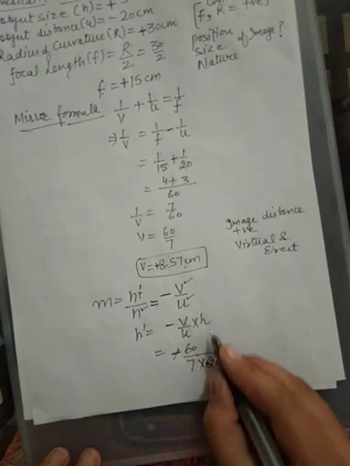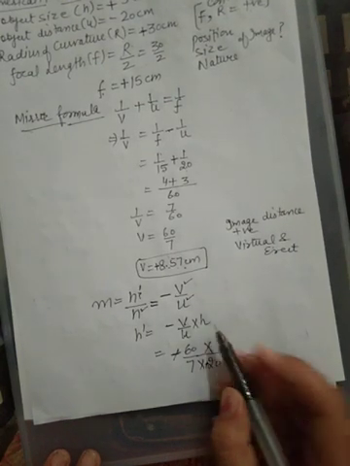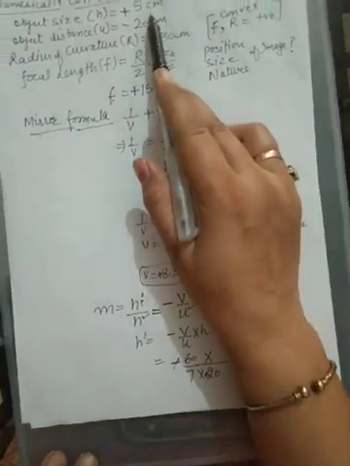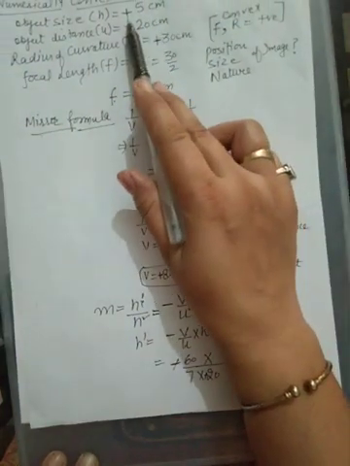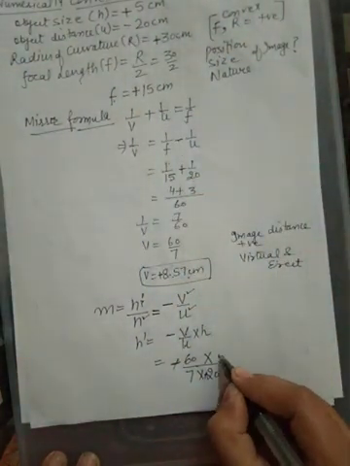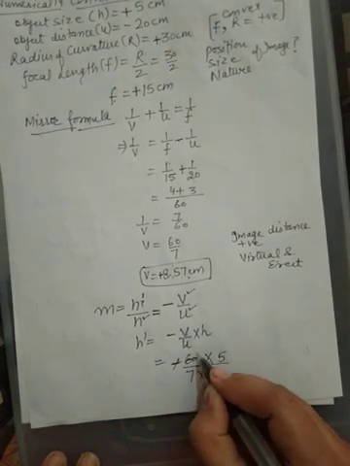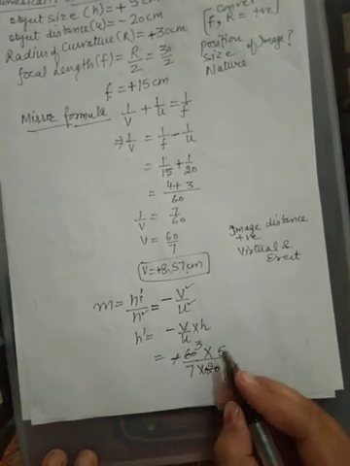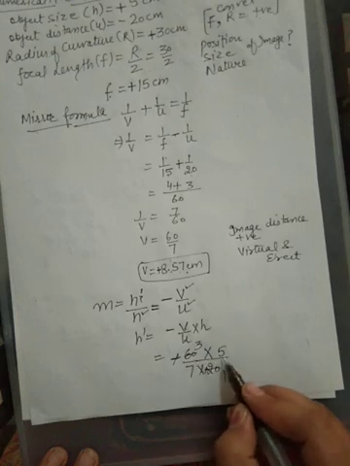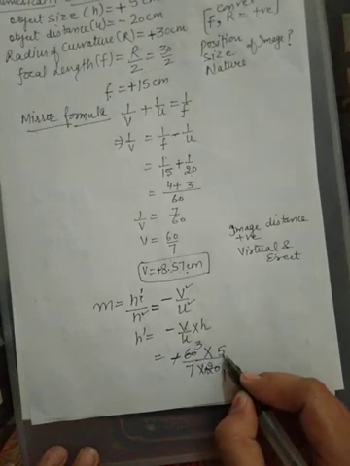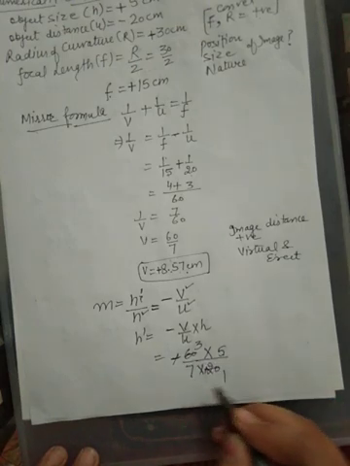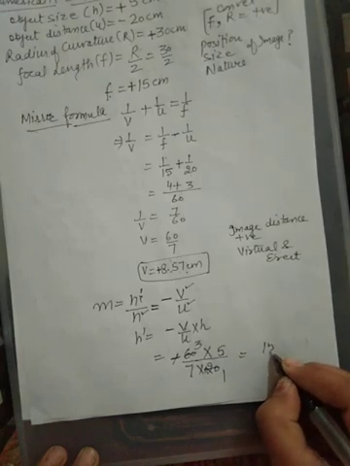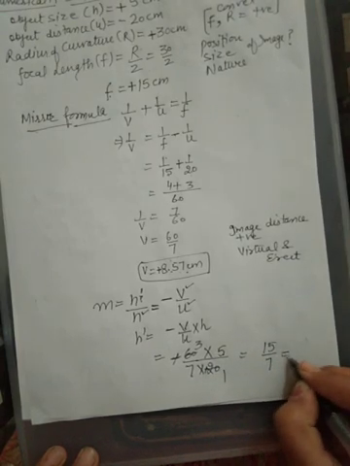Okay, now what is height? Height is given to us, that is 5 centimeter. Now 20 threes are 60, 5 threes are 15 and this is 7. So it will be 15 by 7.